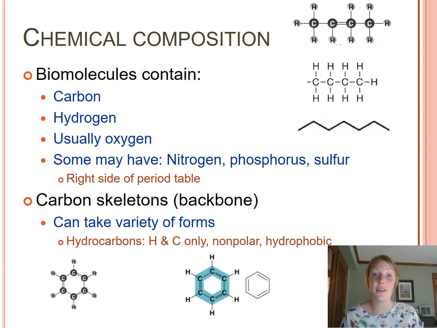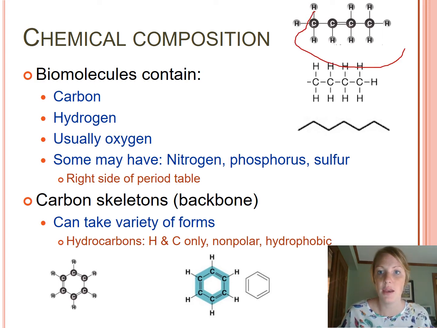Biomolecules contain a backbone of carbon atoms that are joined together, covalently bonded, and then also have hydrogens attached to them. There can be different formations of these carbon backbones. They can be linear, and I have a couple examples shown here that are just different ways to depict molecules. Here is an example of the ball and link type formation.